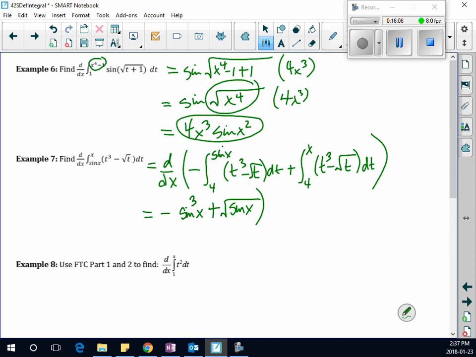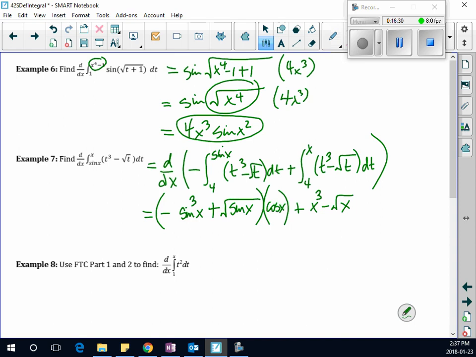This whole thing is multiplied by the derivative of sine x, which would be cos x, plus, then x goes in there, and I get x cubed minus the square root of x. So, did you get that?